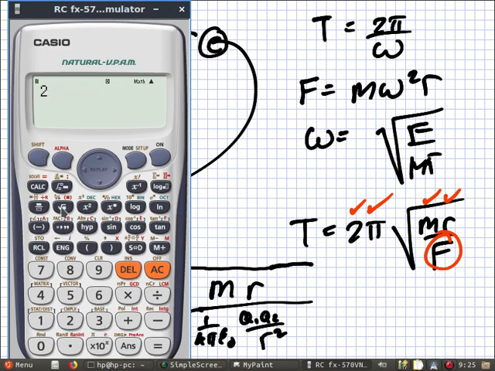2 pi root mass of the proton times the radius, over Q1 Q2 over 4 pi epsilon 0 r squared.